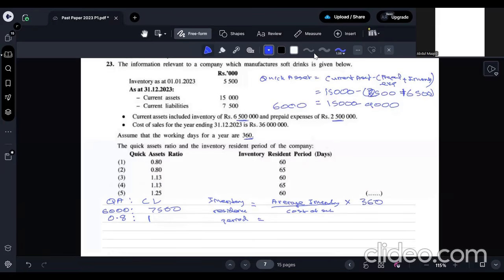Opening inventory is given as 5,500. Closing inventory is 6,500. Add those two and divide by 2. Average inventory will be 6,000. Cost of sale is given as 36,000. Inventory residence period will be 6,000 divided by 36,000 into 360. That is 60 days. So the answer is 0.8 and 60 days. Answer number 1.